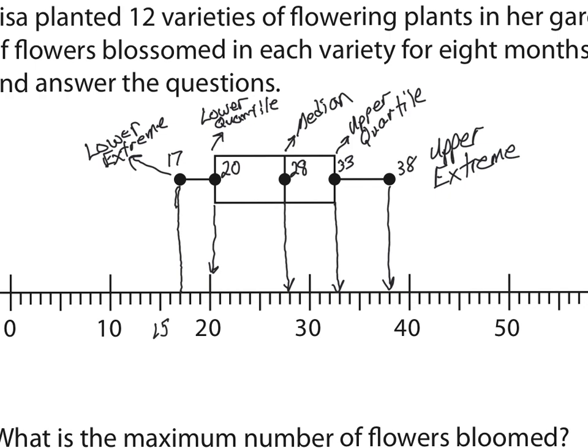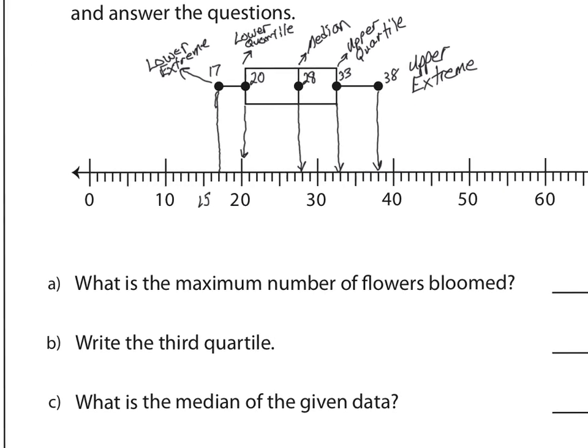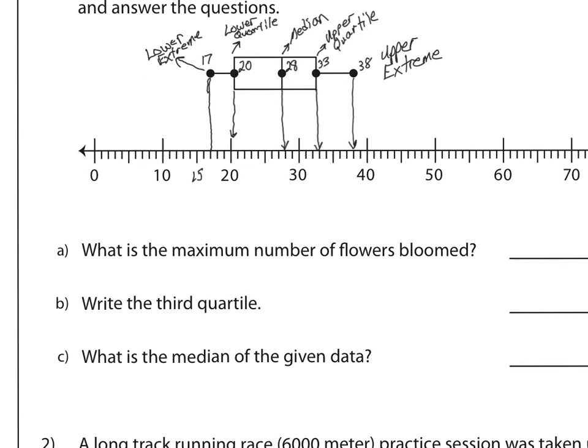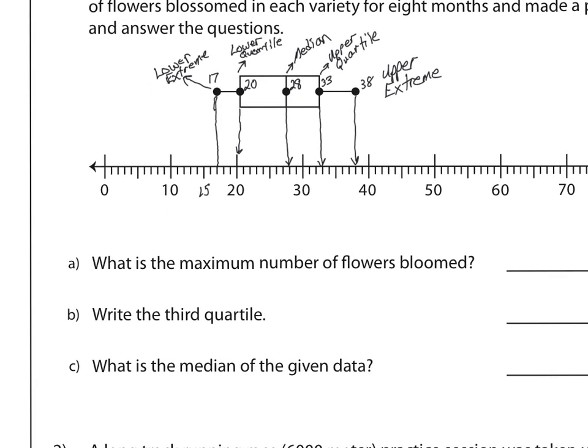So what we do now is we use those pieces of information to answer the questions asked. The first one says, what is the maximum number of flowers bloomed? Well, that's your upper extreme. The maximum number is 38. Write the third quartile. That's the same thing as the upper quartile. Okay, those are synonymous.